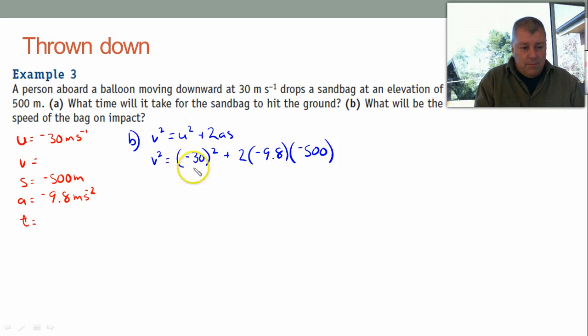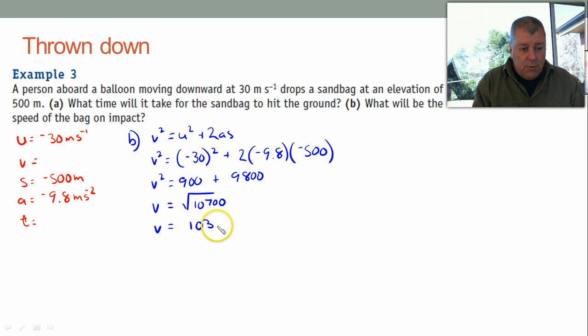There's our line to show us we know what we're doing. We expand it. Therefore v is going to equal the square root of 10,700. v is equal to 103.4 meters per second to the minus 1.